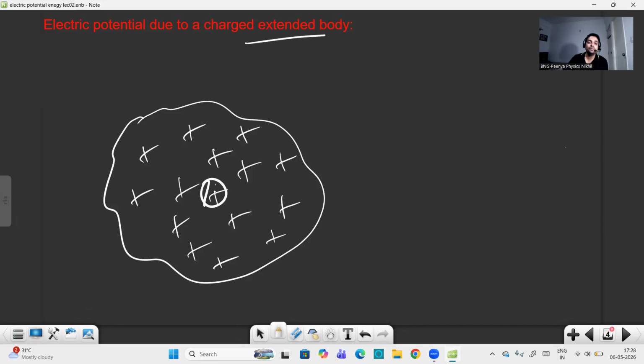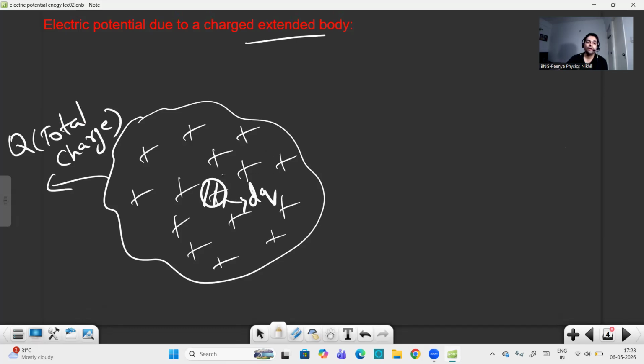So what will I do? I will take an elemental charge here. Let Q be the total charge, and the elemental charge is dq, and let a point P be at distance r from here.